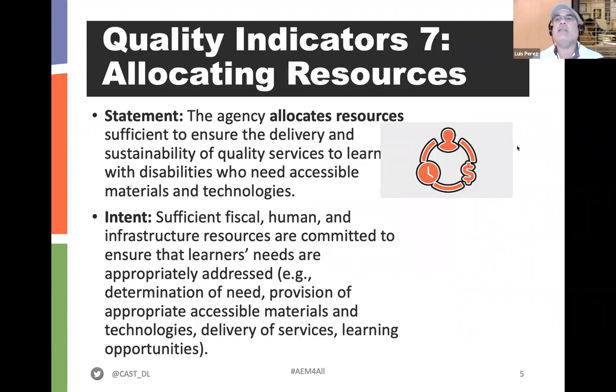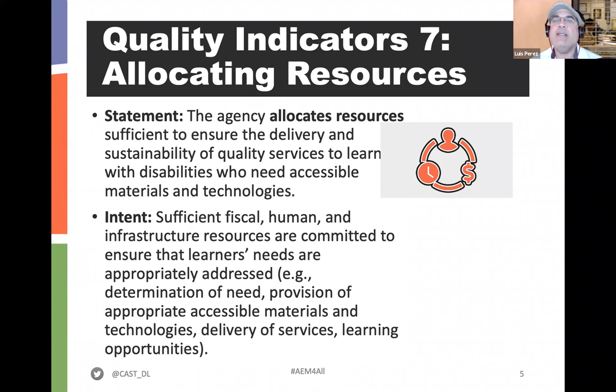All right, so as I said at the beginning, today we're going to be looking at quality indicator 7, allocating resources. Just to get us all on the same page here, I want to go over the statement and the intent. First, the statement. The statement is that the agency allocates resources that are sufficient to ensure the delivery and sustainability of quality services to learners with disabilities who need accessible materials and technologies.